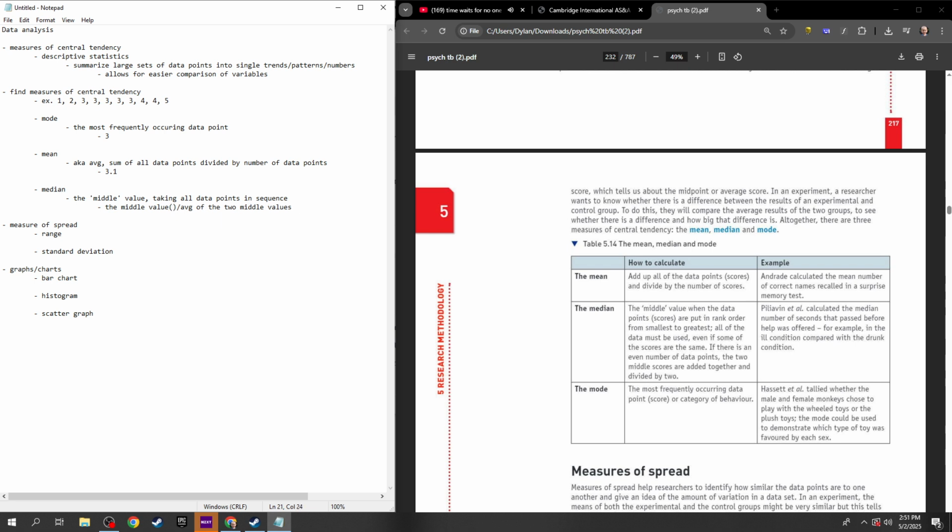This for odd numbers, and this for even numbers, right? So middle value, taking all points in sequence, the middle value if it's odd, or the average of the 2 middle values if it's even.